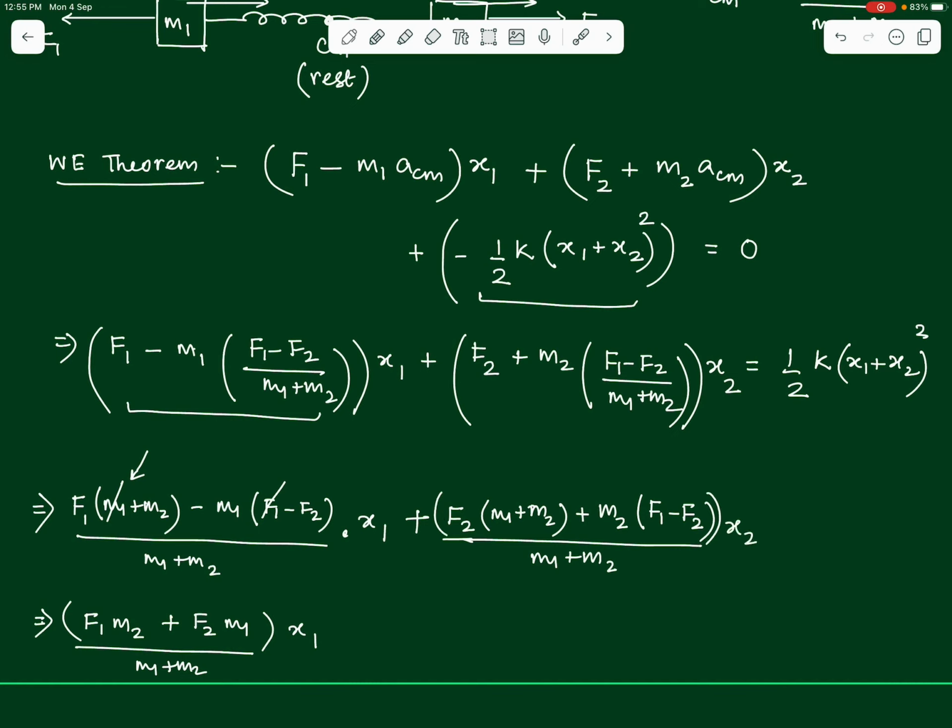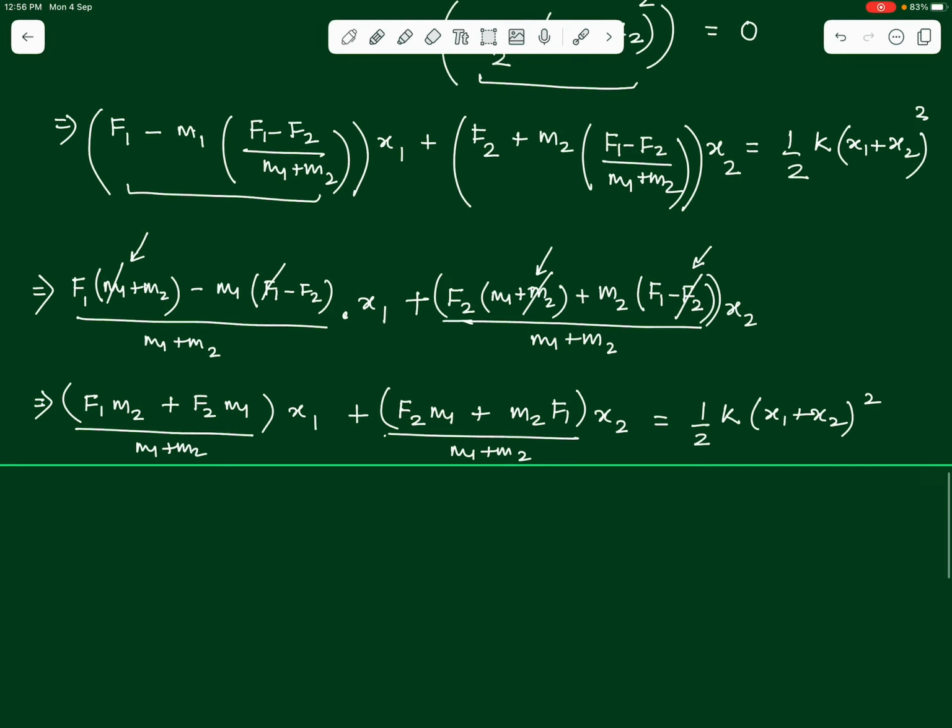In this case you have a term of minus m2 F2 and a term of plus m2 F2, so these will cancel out and we will be left with F2 m1 plus m2 F1 divided by m1 plus m2, multiplied by x2. This is equal to half k x1 plus x2 whole squared.